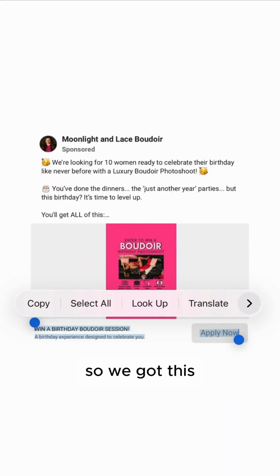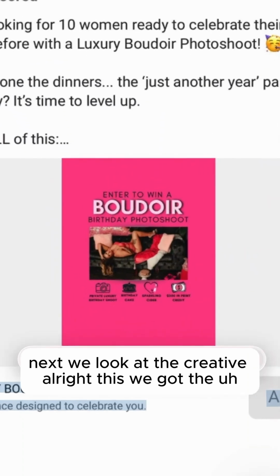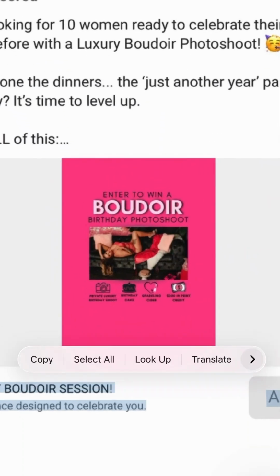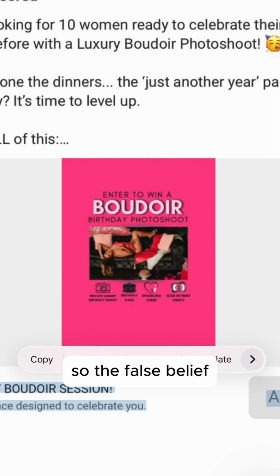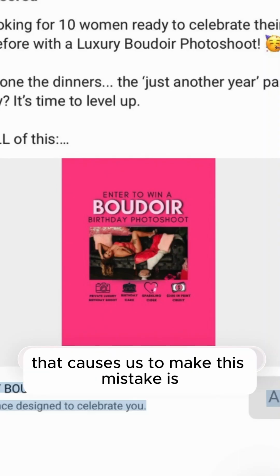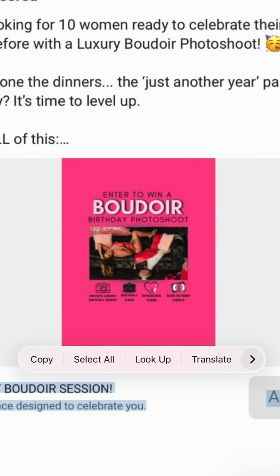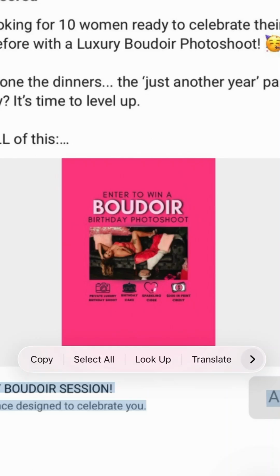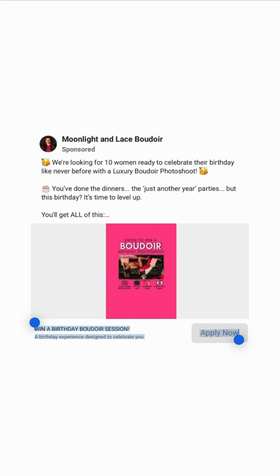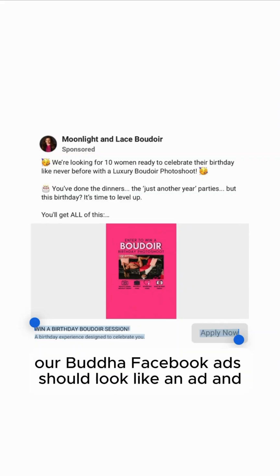So we got this. Next, we look at the creative. All right, this we got, looks like an ad mistake. So the false belief that causes us to make this mistake is that we actually believe our Boudoir Facebook ad should look like an ad.